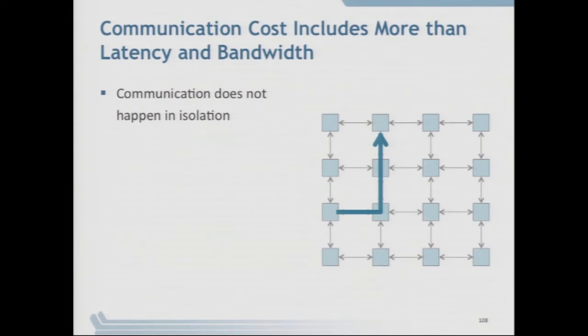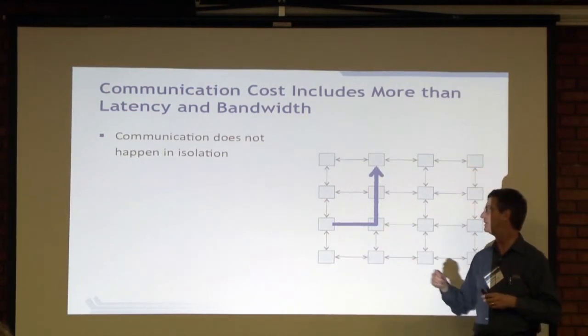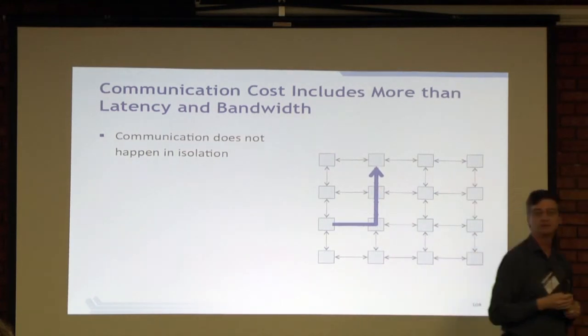If the way my communication graph, the way my processes are set up, is not mapped onto the mesh of my physical network, then I will get some communication that doesn't go to the nearest neighbor but goes someplace else. Well, that's still not so bad. The latency's a little longer because of these multiple hops, but the extra time that it takes for each of these hops is relatively small.